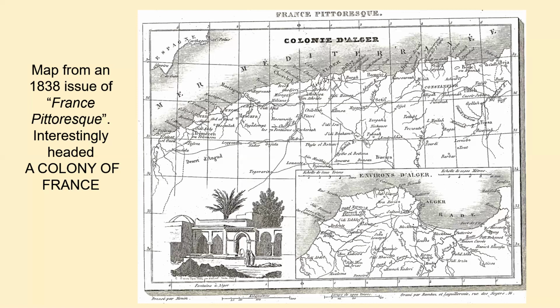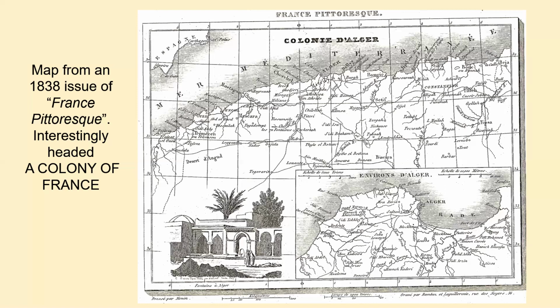The Dey responded by destroying long-established trading posts at La Calle and Bône, and also attacking a French vessel sailing under a flag of truce. June 14, 1830, saw some 30,000 troops landed to the west of Algiers, and the city was captured on July the 5th.